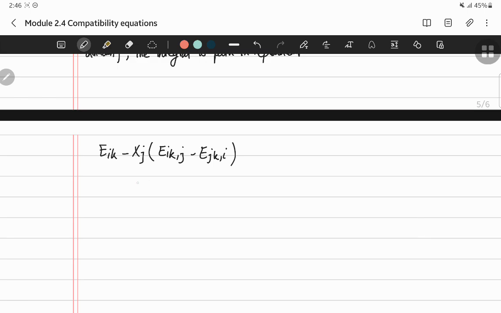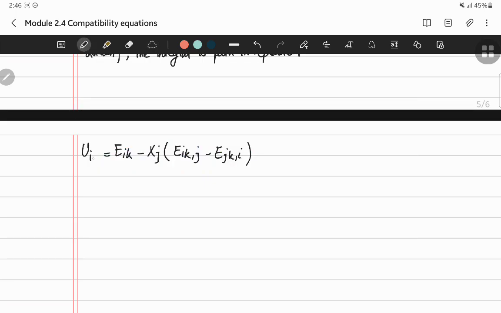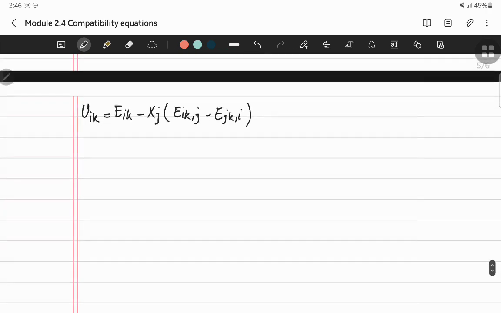We can show that this is basically equal to something like u_ik, because here j is the dummy index, so what you get is basically something based on i and k. This is u_ik. We can show that if we differentiate u_ik with respect to l, this is equal to u_i,l and k. So this k and l, we can swap them.